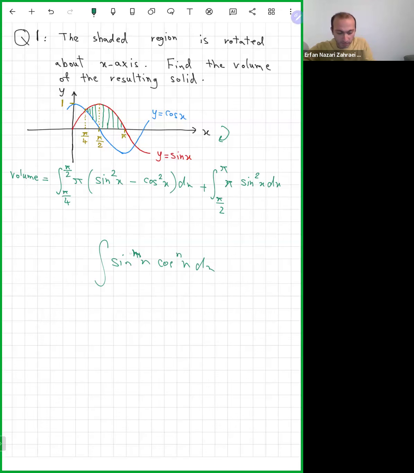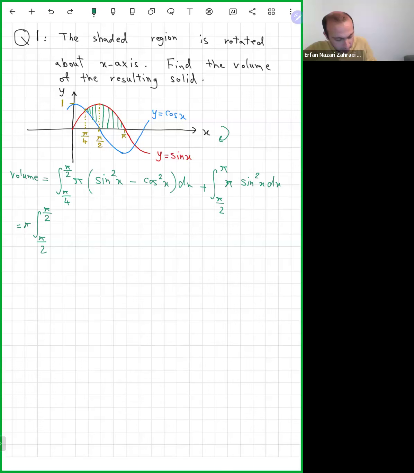What was the strategy when both of them were even? I need to use the formulas that sine squared and cosine squared are 1 plus or minus cos 2x, divided by 2. So if I use those formulas in the first integral, I can take this pi outside as a coefficient.